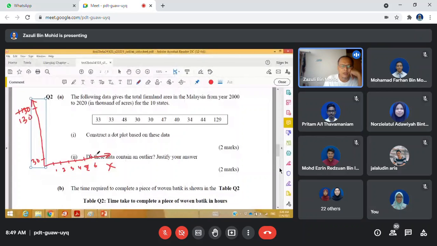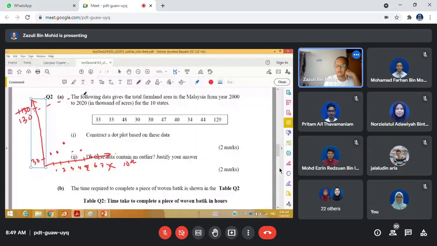So the first one, 33, is plotted here. The second, 33, plotted here. And the third one, 48, plotted right above. And then 4, bottom. And then finally, at the last one, at the 10, you plot it as maximum. Because it's 1 to 9.